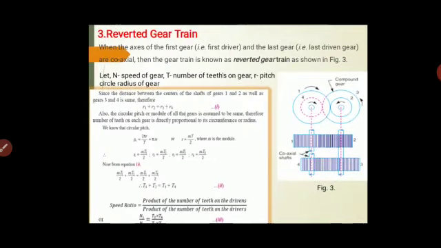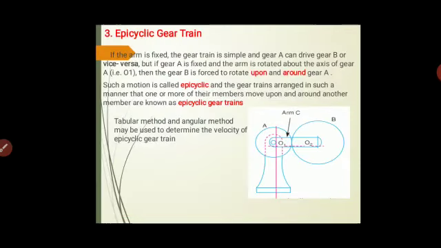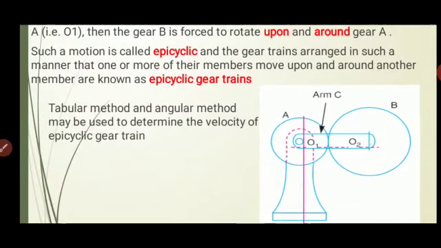Let us move to the next type of gear train, the epicyclic gear train. In the epicyclic gear train, if we see the sketch, if the arm, arm C, is fixed, then the gear train is a simple gear train. That is, gear A and gear B mesh, and this type of gear train is the simple gear train.